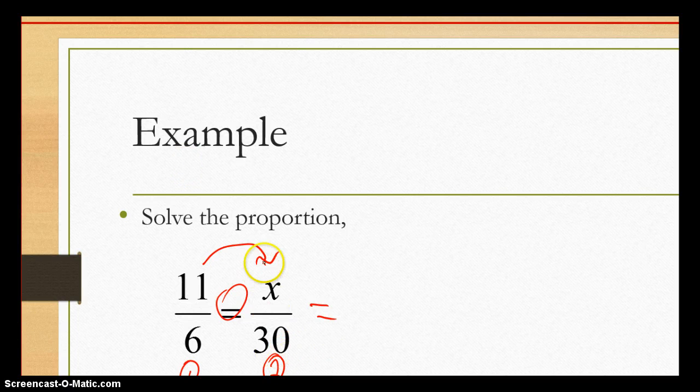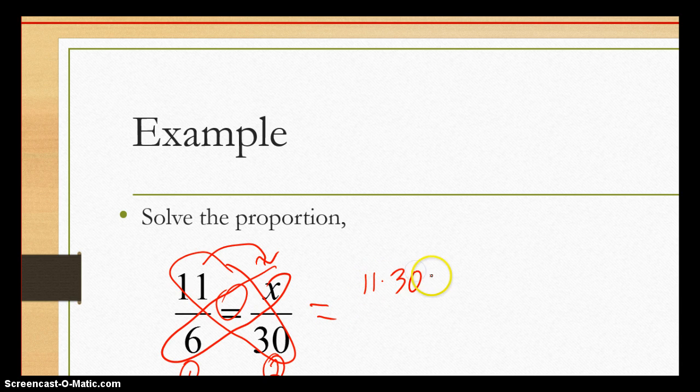When you multiply across, like I said before, we probably will end up doing 11 times 30 will equal 6 times x, which equals 330. I shouldn't put that equals there, sorry.